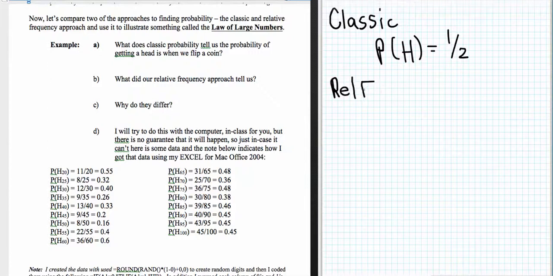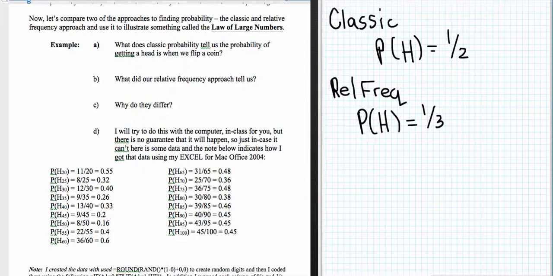And we know that that's not accurate. We know that when you flip a coin, you will actually see a head come up half of the time. But why do they differ? Well, the classic approach tells us in theory what will happen, and the relative frequency tells us what happens in a sample. So that's what we're seeing.